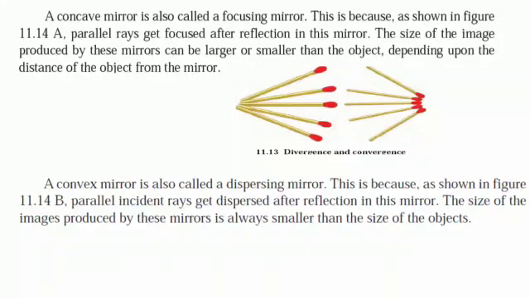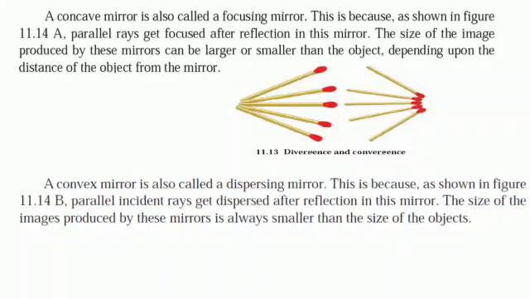That is convergence, and here they are moving away, so divergence. A concave mirror is also called a focusing mirror. Convex mirror is also called a dispersing mirror. Convex is dispersing, diverging. This is because, as shown in figure 11.14, parallel incident rays get dispersed after reflection in this mirror.